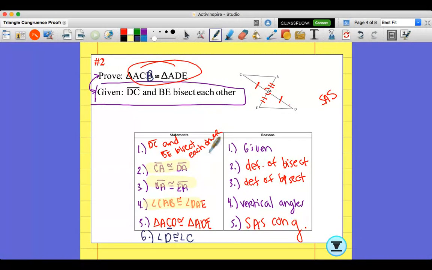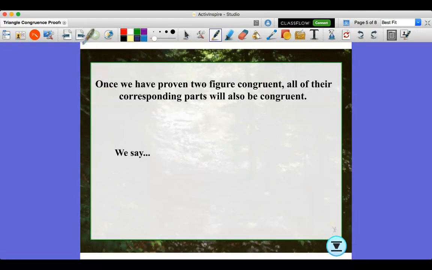ACB. So sorry. Right, so I can say angle D and angle C are congruent. Why? Because corresponding parts of congruent triangles are congruent. CPCTC, which we spoke about in class.